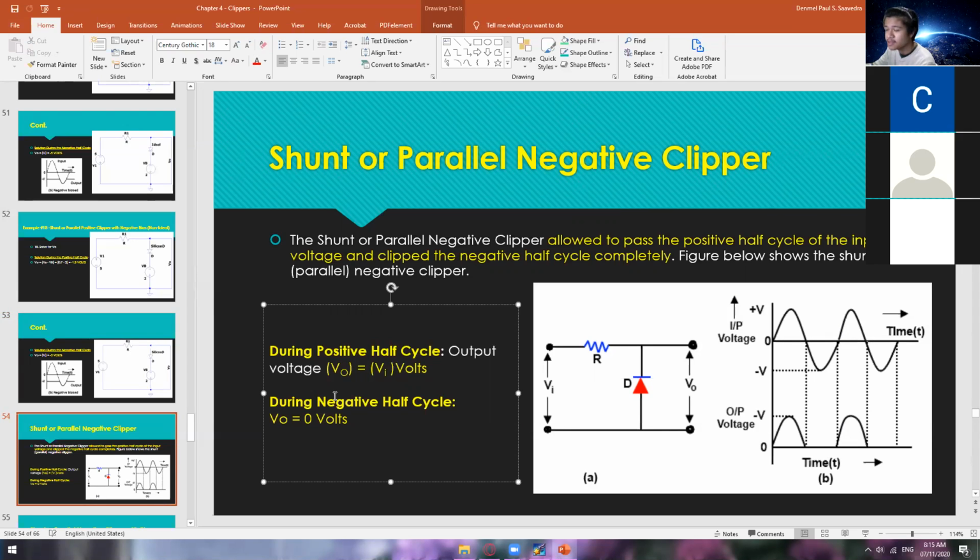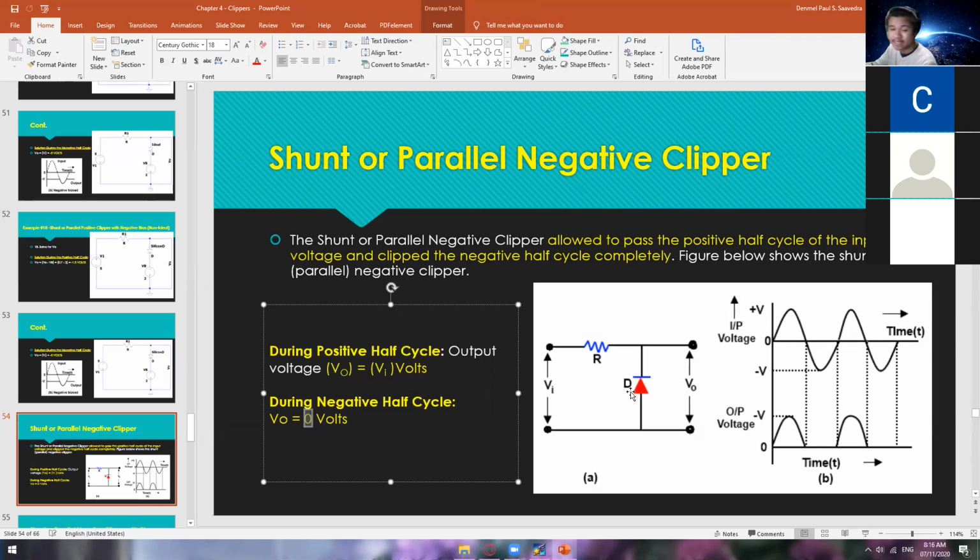Okay, and then during the negative half cycle, negative to negative, positive to positive, so we have a complete loop on this side, so our V sub I will never flow into our V sub O. So that is why, if this is an ideal diode, we have 0 volts here.